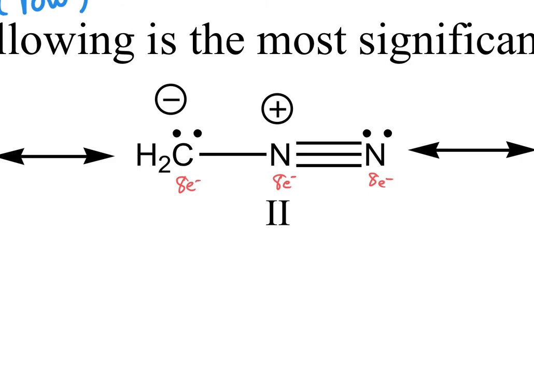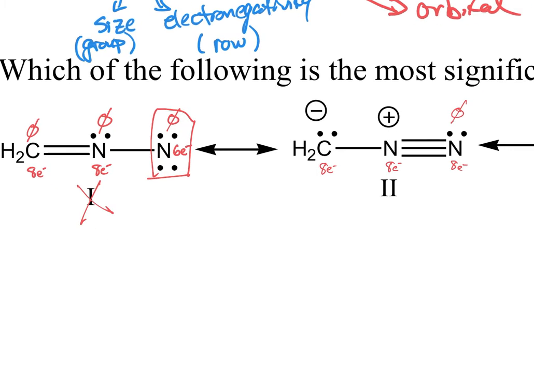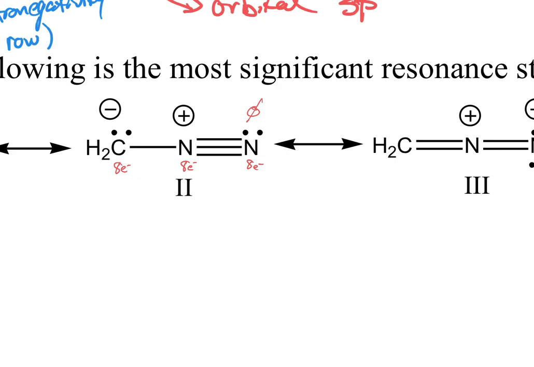Carbon's 4 minus 1, 2, 3, 4, and 5, so it is -1. Nitrogen is 5 minus 1, 2, 3, and 4, so +1. And 5 minus 1, 2, 3, 4, 5, so 5 minus 5 is 0. That's certainly better than over there, because every atom has an octet.